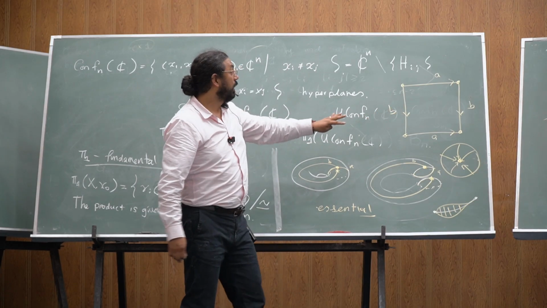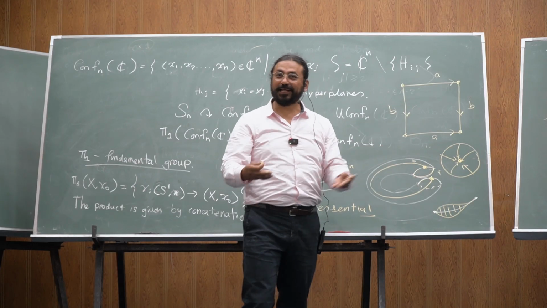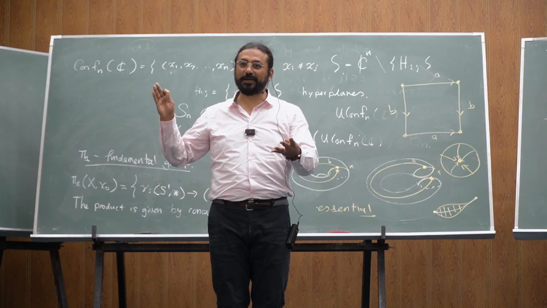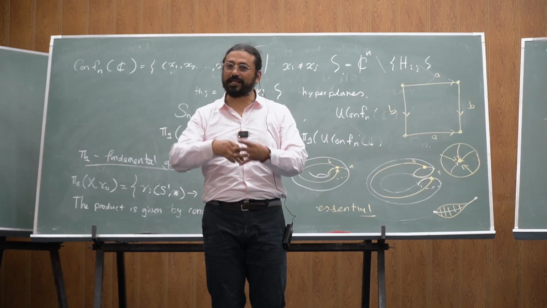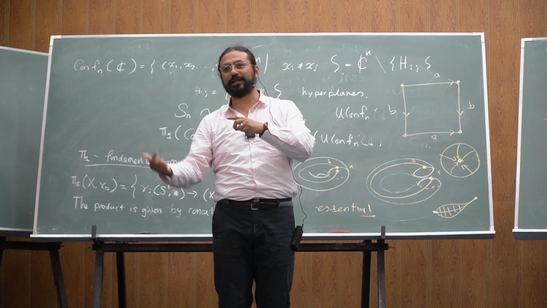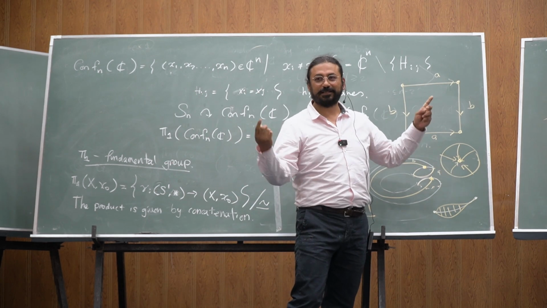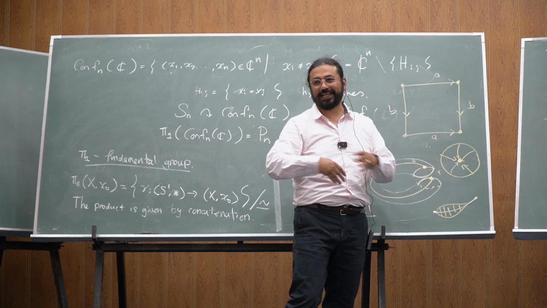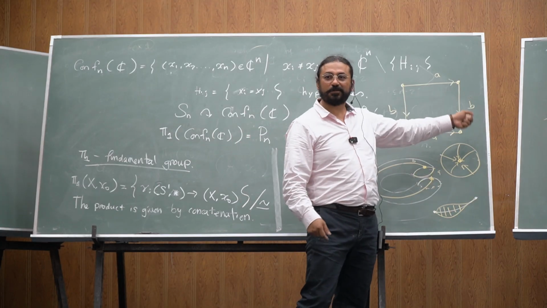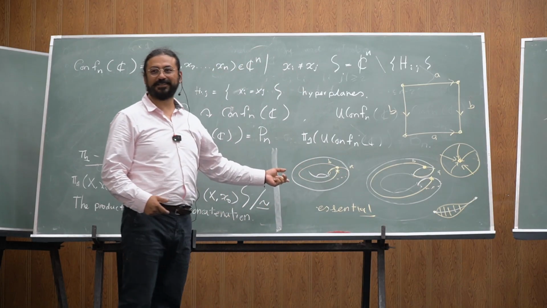But this square is already in the plane. And in the plane, Jordan was right. So in the plane, any simple closed curve has an inside and an outside, and so it is a simple curve. It's trivial, right? It doesn't matter. So these two curves are enough to represent all the curves over there.